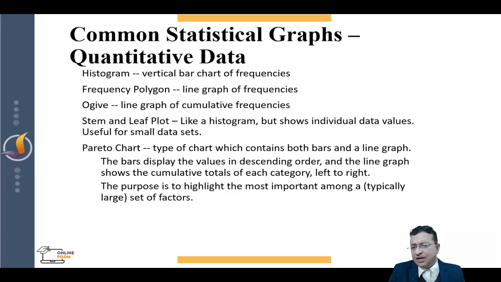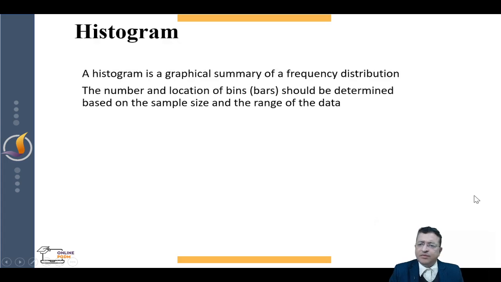We will see what it means. Then we have the frequency polygon, the line graph of frequency. Then we have the ogive, the line graph of cumulative frequency, and then the stem and leaf plot and the Pareto chart. We will see one by one what exactly these are and how we construct these charts.